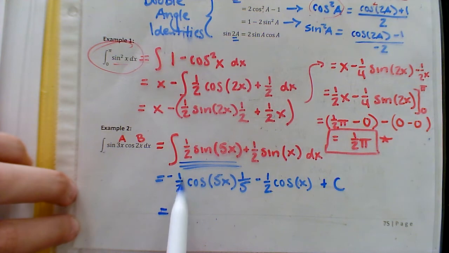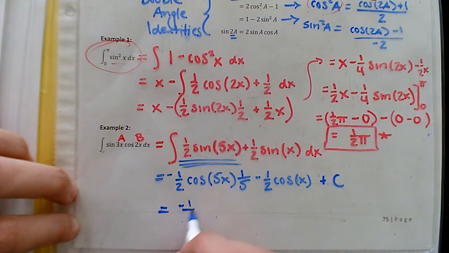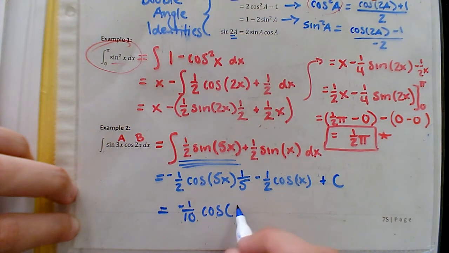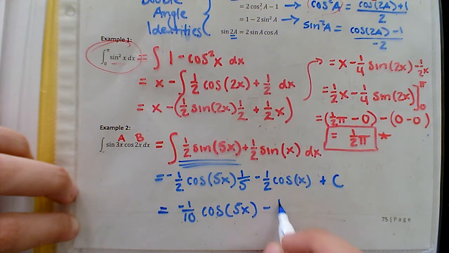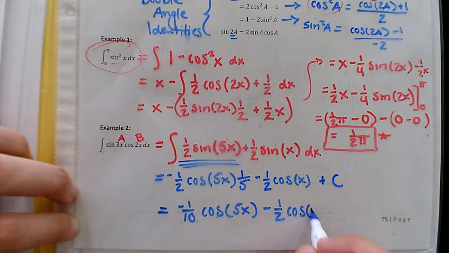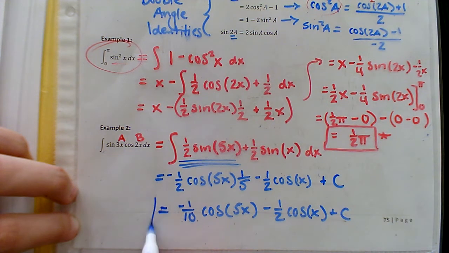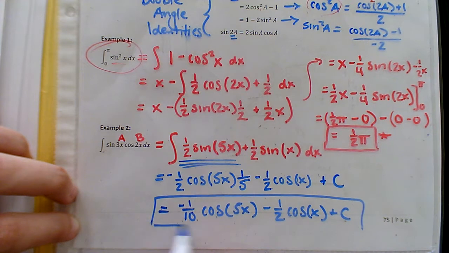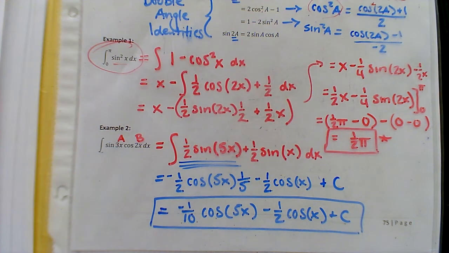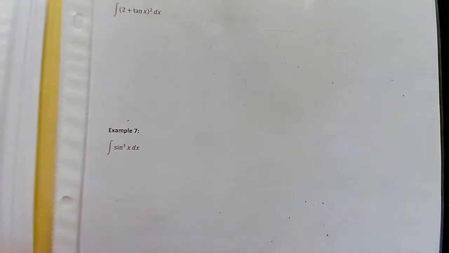At least the first term we have a 1/2 times a 1/5, so that'll give us a 1/10. We doing okay so far? Okay, it's about rewriting, or at least trying to identify which trig identity to use.